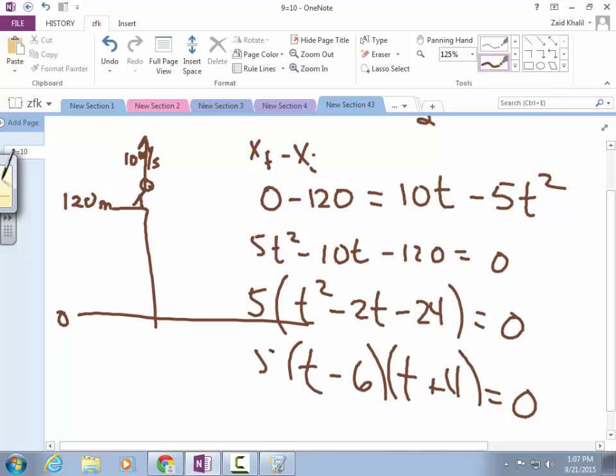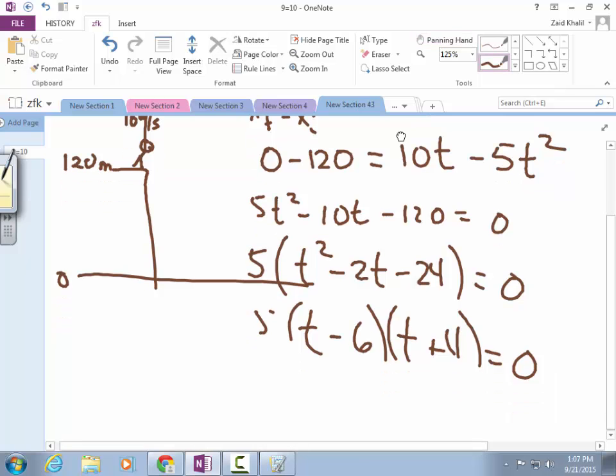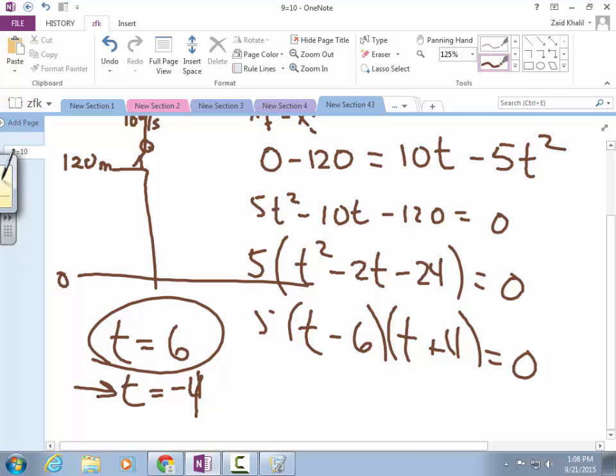What are your solutions? T equals 6. T equals negative 4, which is physically unreasonable. So this is your proper solution. We will return back to that negative 4 seconds, because in physics, nothing is totally useless.